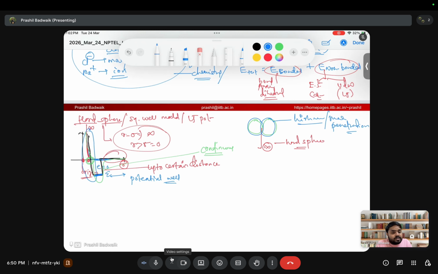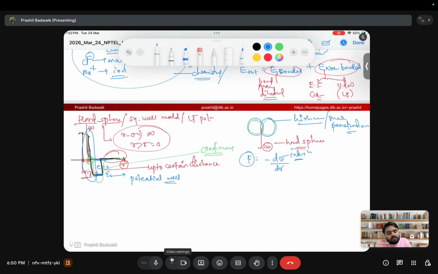The third advantage is that, ultimately, using energy we are going to calculate something called force. Force is equal to minus dU by dr. So U is my interaction energy. We take the derivative and we get the force.